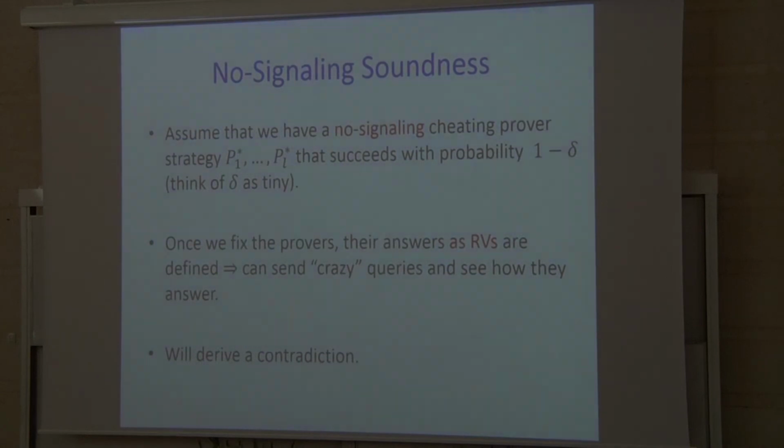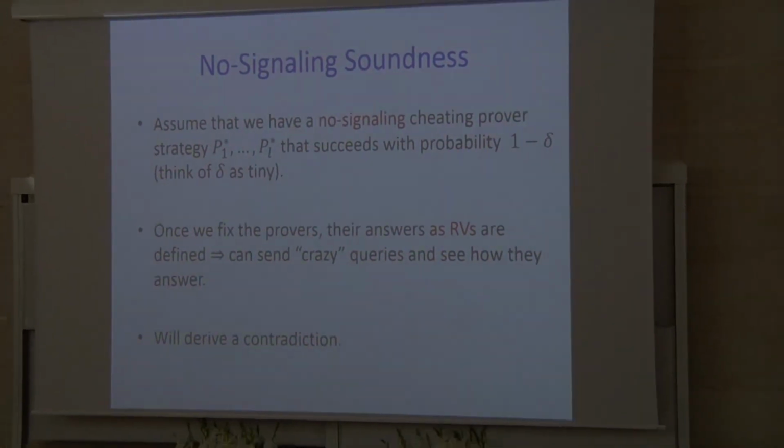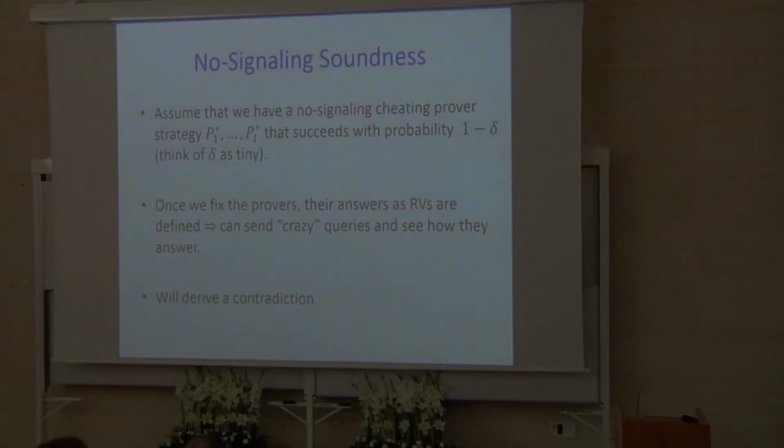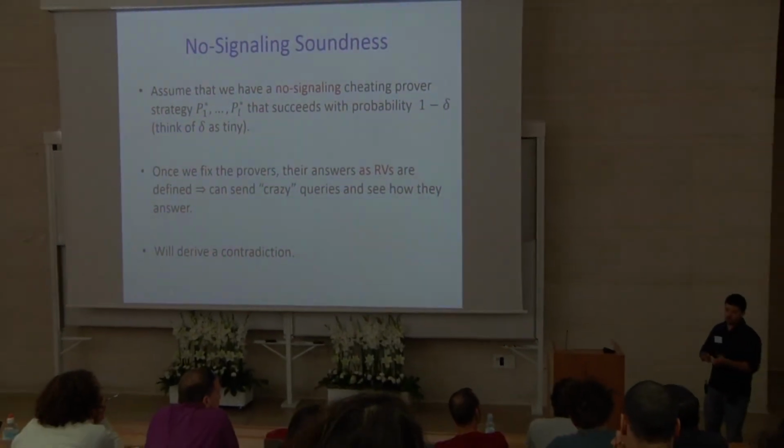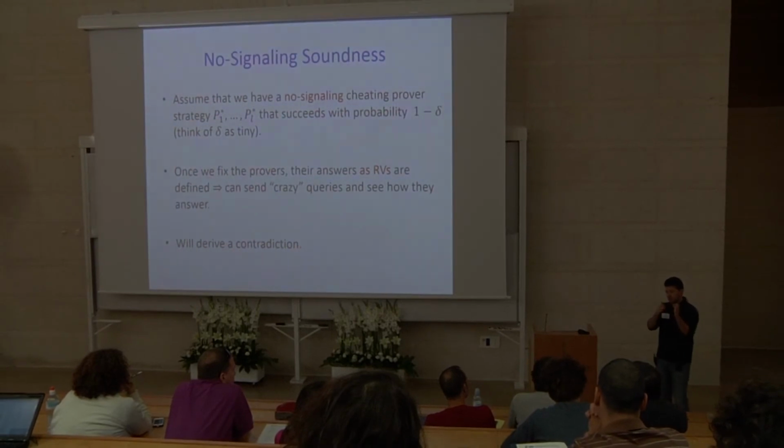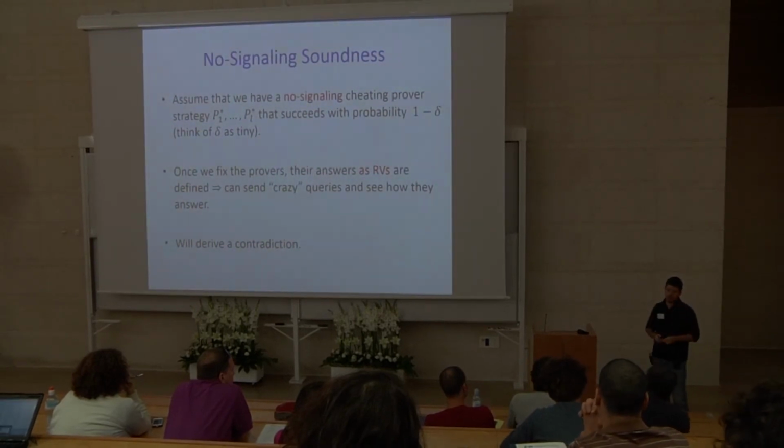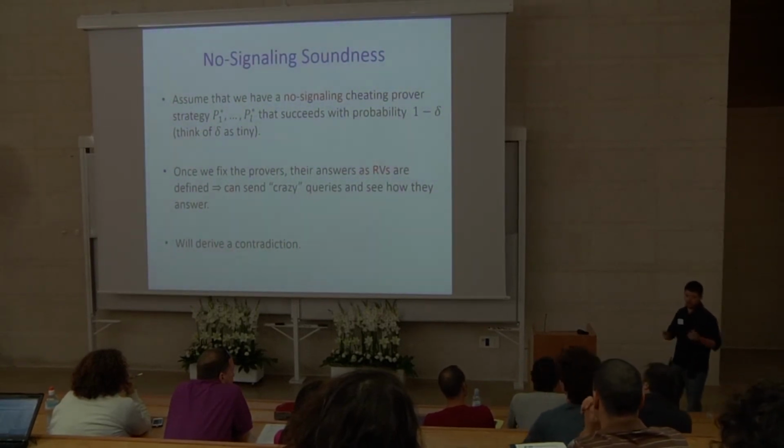So now if I ask, even if just one query is distributed according to what the verifier would ask, then no matter what the other queries are, the distribution of the answer needs to be correct. This is the property of being no signaling. Essentially, yes, you just said what the no signaling property is. That's what we use.